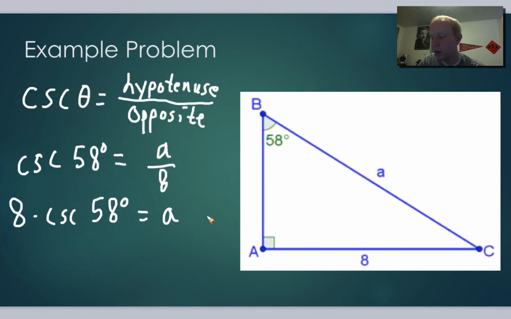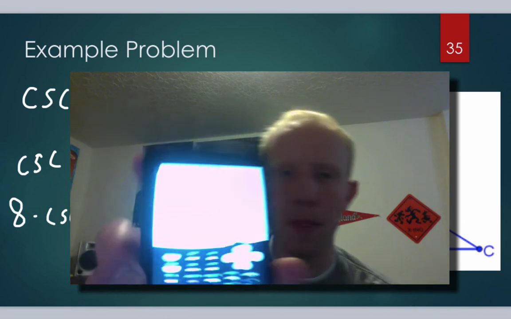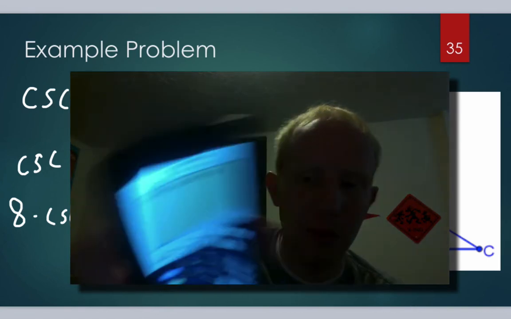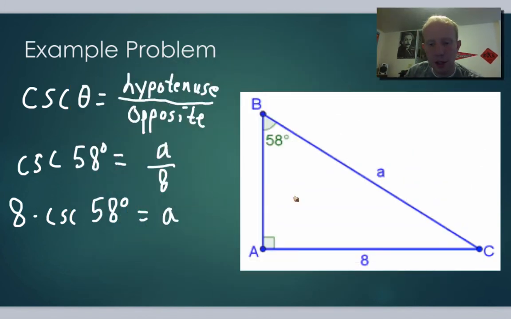So 8 times 1 divided by sine, like that, just to make sure we're understanding. That's how you put it in. And when you press enter, you should get that A equals 9.43.